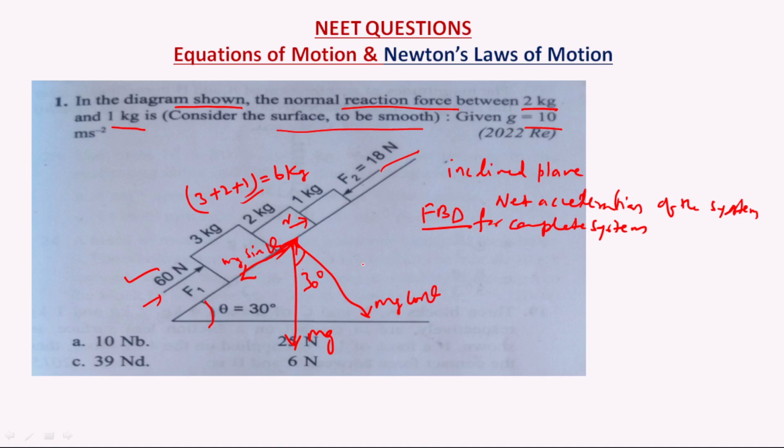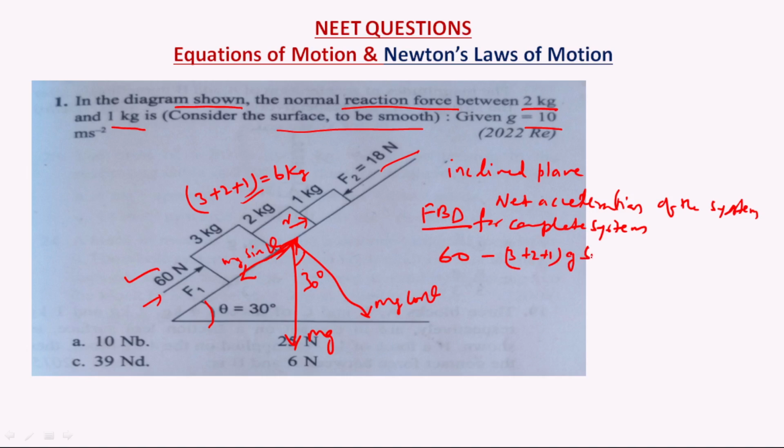So when we make this free body diagram, the equation formed will be this way. The 60 Newton is the greatest force. It is counteracted by minus (3 plus 2 plus 1) g sin theta, that is mg sin theta.